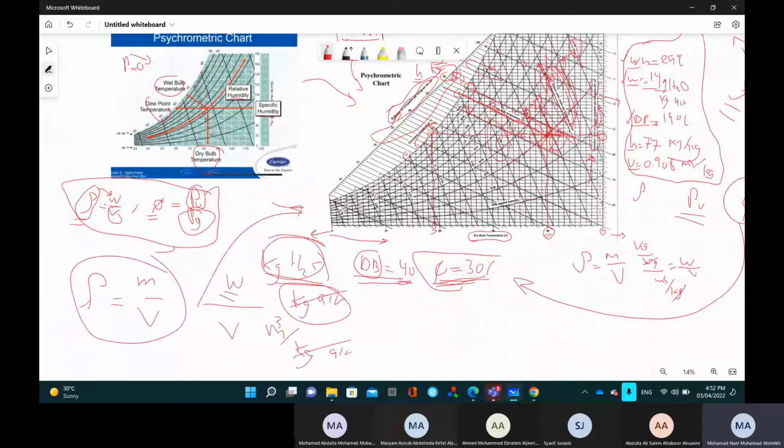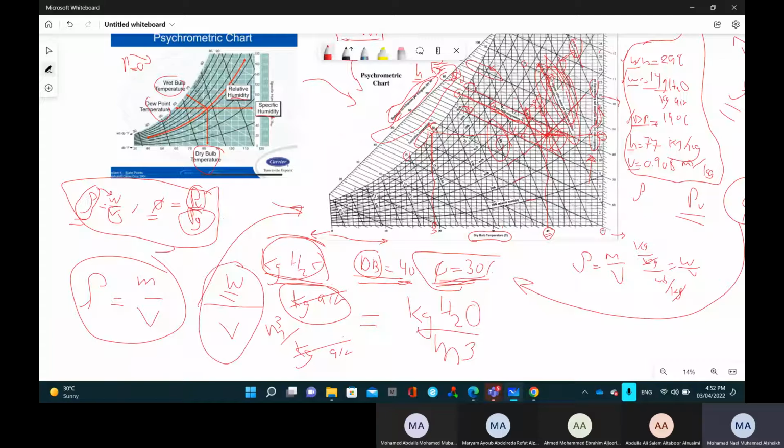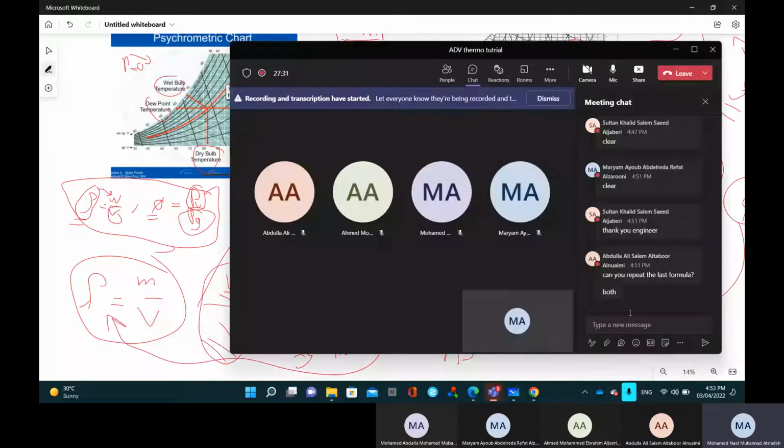So cancelling out kilogram air, we will get kilogram H2O divided by meter cube, and dividing by the specific volume, we can get the density. Now this is for the density. Is it clear?